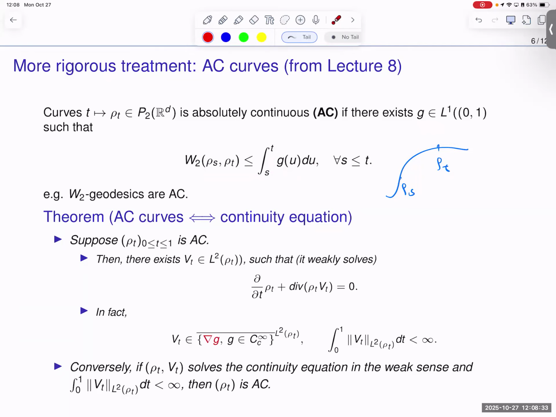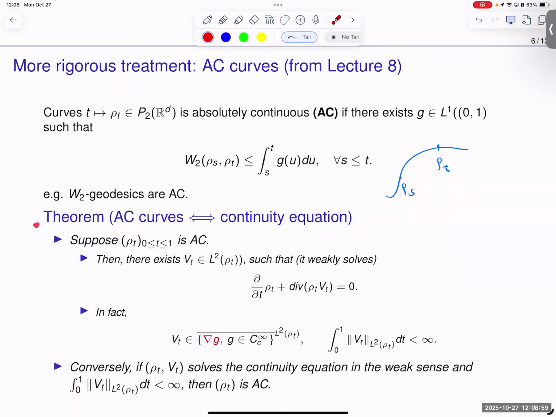So it doesn't oscillate too much, so that rho_s and rho_t with a very short time between them don't have a really large distance between them. So this avoids such cases. The curve may not be smooth, but it is still well behaved.